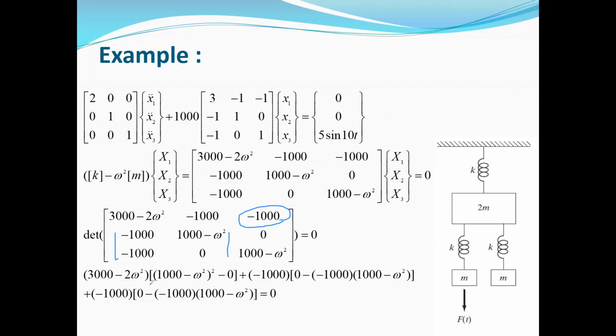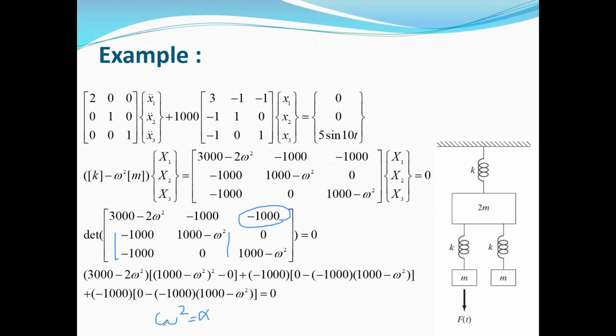So we can write it here. I wrote how to calculate the determinant. It must be equal to 0. And then you can simplify and substitute omega squared equal to alpha, similar to the system with 2 degrees of freedom. But in the 2 degrees of freedom systems, you can extract an algebraic equation of order 2.